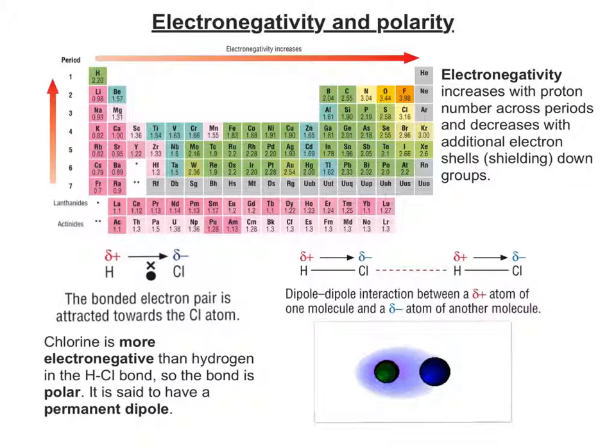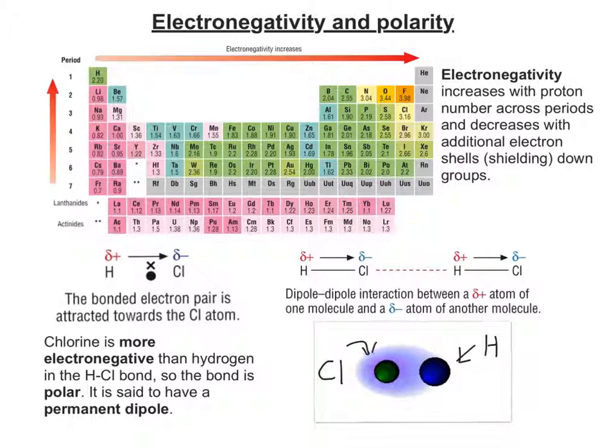So this animation that you can see at the moment shows the tendency of the electron density to move towards one atom compared to the other. So in this, you'd expect the chlorine to be here, and the hydrogen to be there.